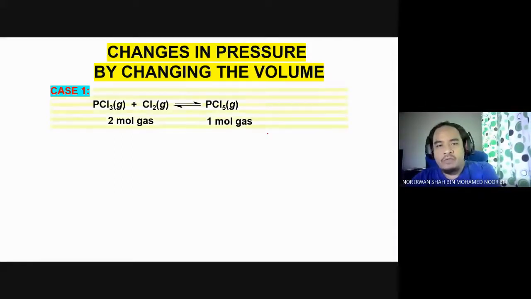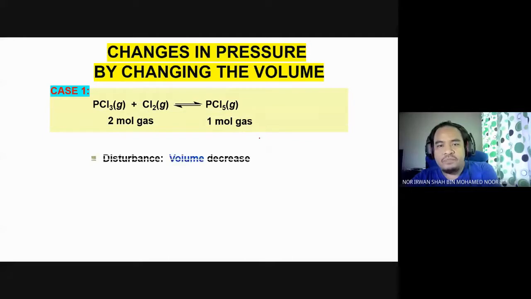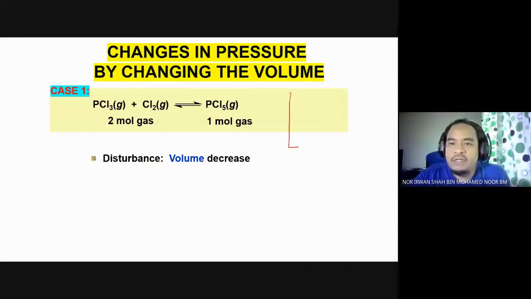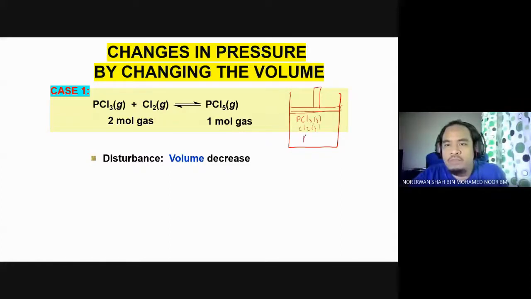So let's see what we do to this system. Right now the disturbance is that we decrease the volume. For example, let's say the 3 gases are in a container, and on top of this container there is a plunger or a piston. Initially the 3 gases, PCl3, chlorine, and also PCl5, were at equilibrium.